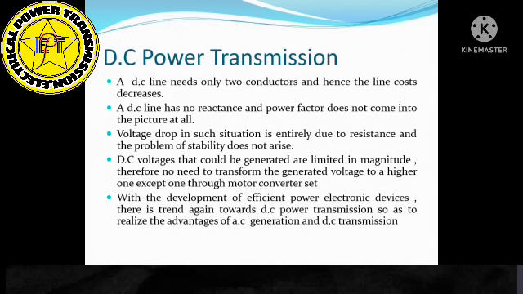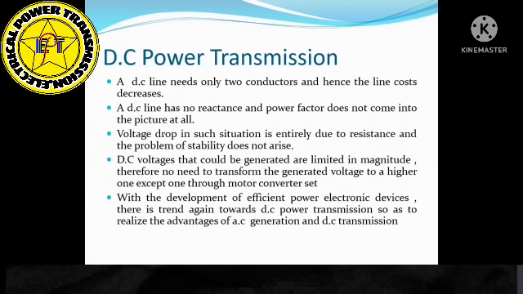So if we discuss DC transmission line, then there are certain good features of DC transmission line. So what are those? A DC transmission line needs only two conductors, hence line cost decreases.